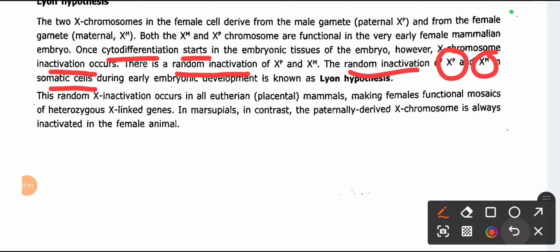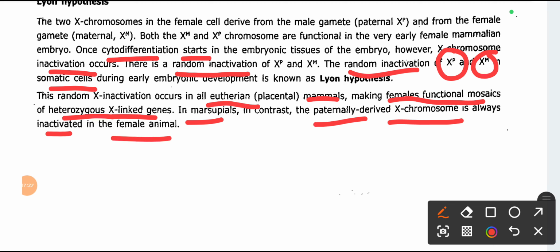This occurs in all eutherian mammals, making females functional mosaics of heterozygous X-linked genes. In marsupials, the paternally derived X chromosome is always inactivated in the female animal.